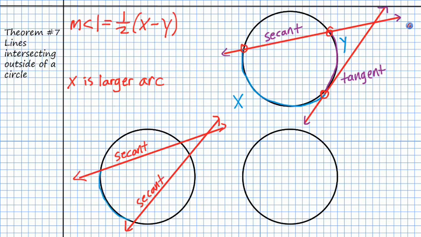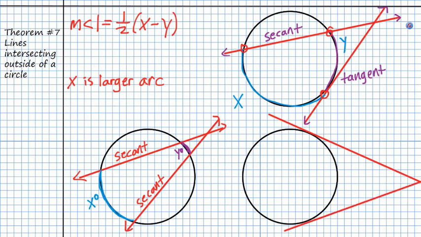And again, the larger arc will always be the X, and then the smaller arc will always be the Y. And then finally, we have the situation where you have two tangents. And you guys already know a little bit about this situation because you know what happens as far as the lengths go of these tangents.